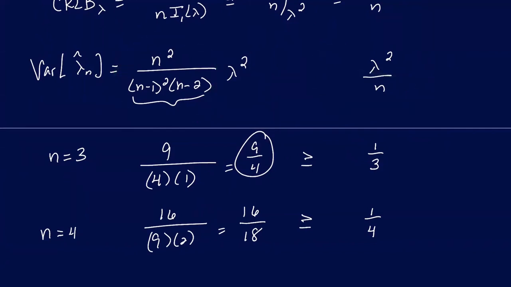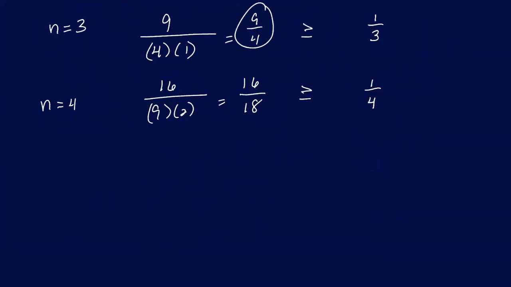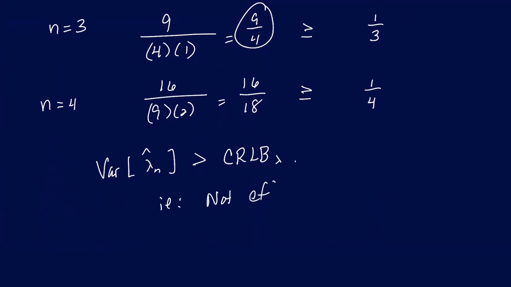So I just gave us some evidence to believe that's true, and it is true for all n, that the variance of the lambda n hat is strictly greater than the Cramér-Rao lower bound for lambda, i.e., this is not an efficient estimator.